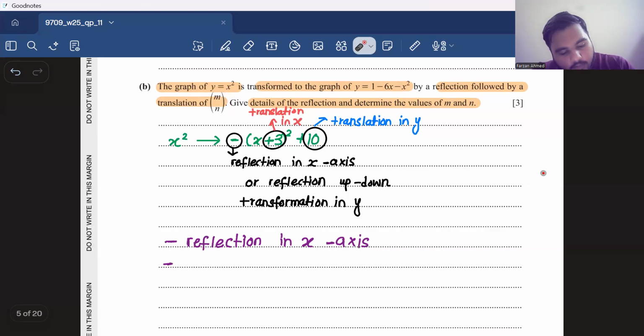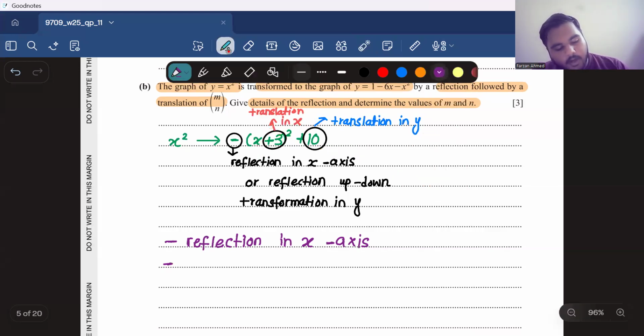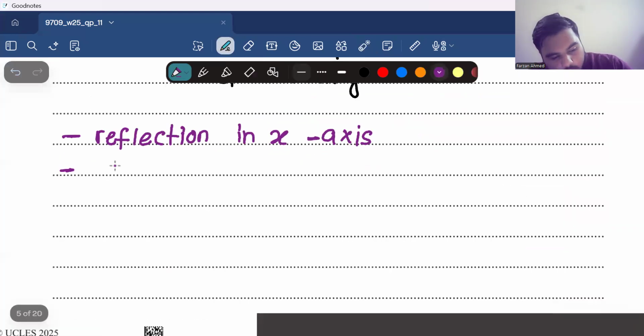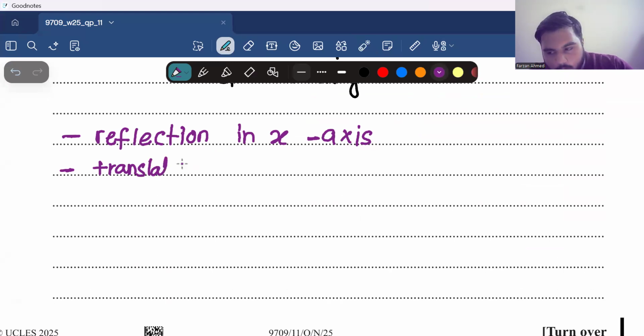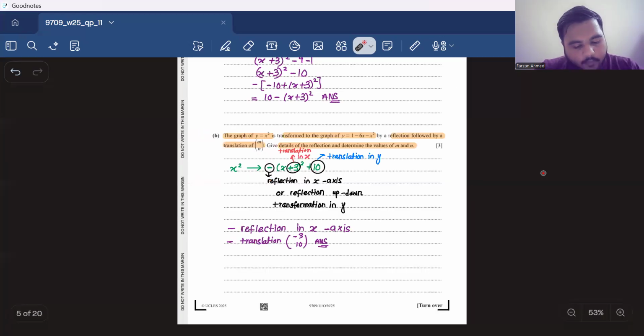The x value is positive 3, so when we have reflection it will become negative 3, and this positive 10 will remain as is. So this will be written like this: translation minus 3 and 10. This is our final answer. This is the value of m and this is the value of n. This is question number 4 done.